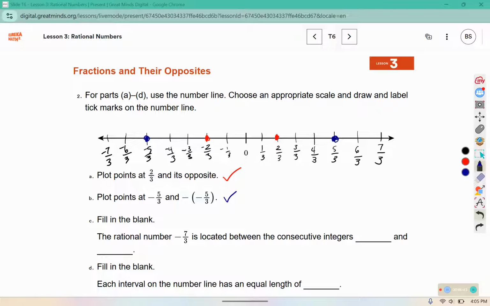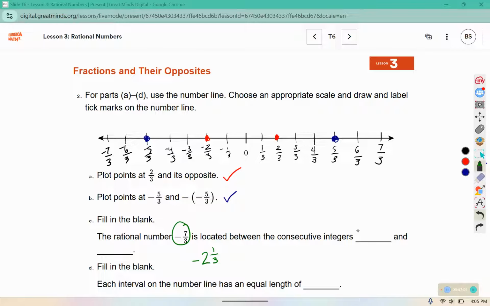Fill in the blank. The rational number, negative 7/3, is located between the consecutive integers blank and blank. Well, if we were to change it to a mixed number, 3 fits into 7 twice with 1 extra piece left over.